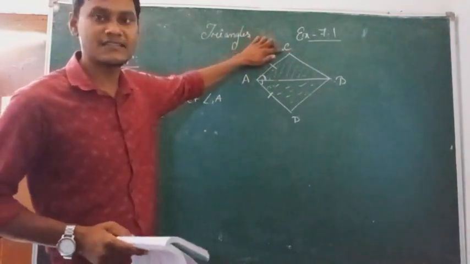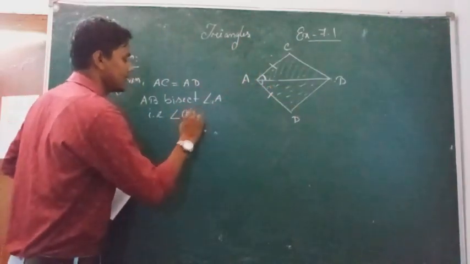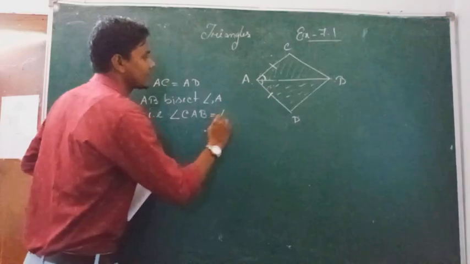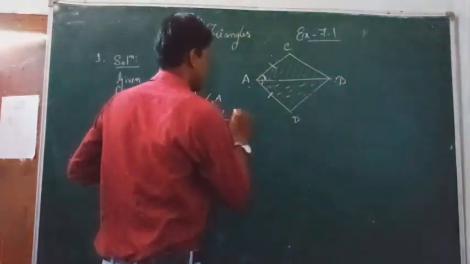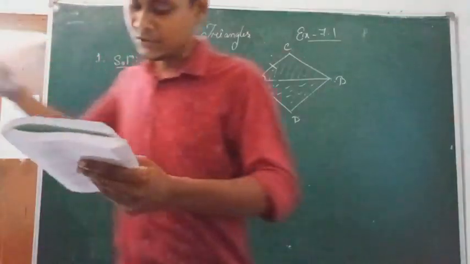The two angles are angle CAB and angle DAB, so angle CAB is equal to angle DAB. These are the two given pieces of information.